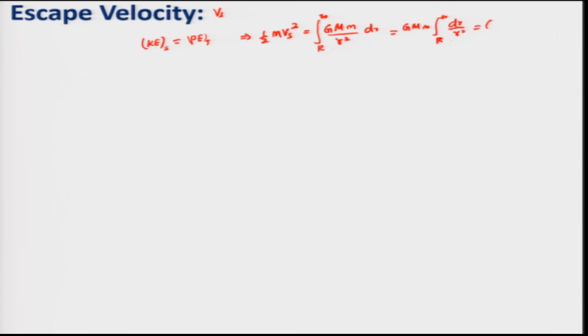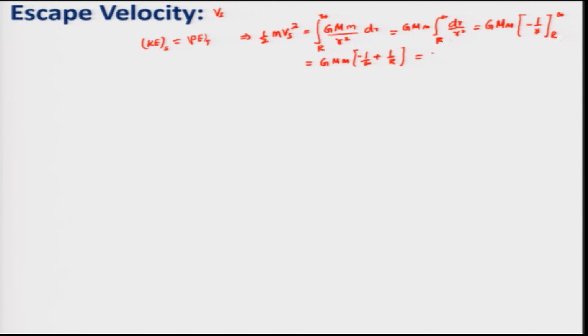So, this will give G M m times minus 1 by r from r to infinity, which is basically G M m times 1 by infinity minus, plus 1 by r.